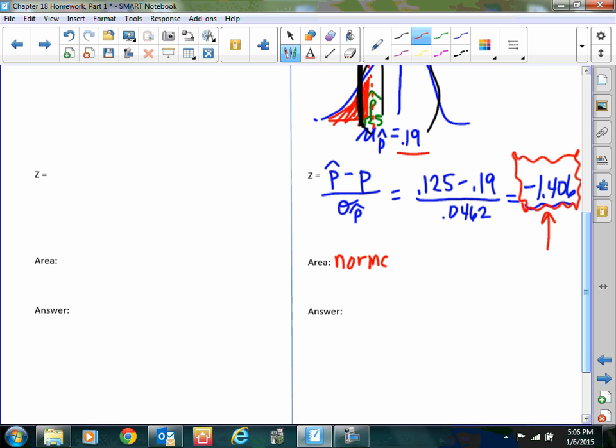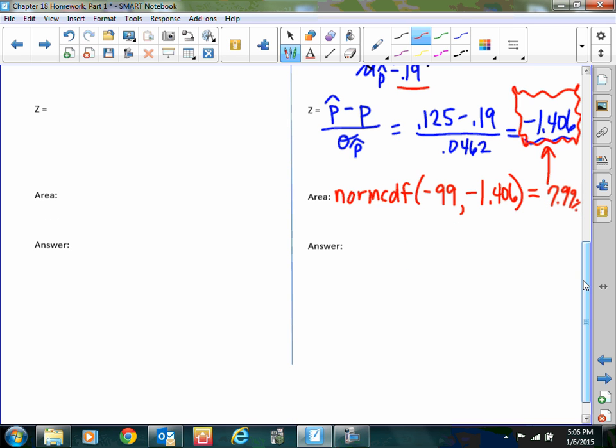So if you had gone from low Z of negative 99 up to the placement of that sample, which is located at negative 1.406 standard deviations down, then you get an area. So that red area is 7.99%. We're going to talk later that if something is less than 5%, then it is considered unusual. But since this is not, then we don't consider it unusual.